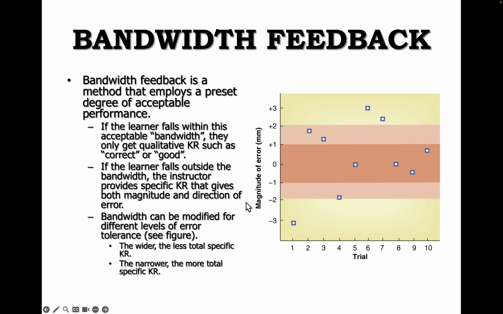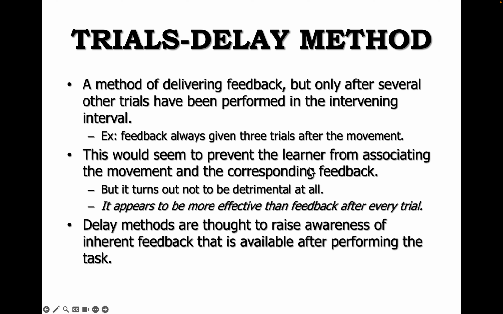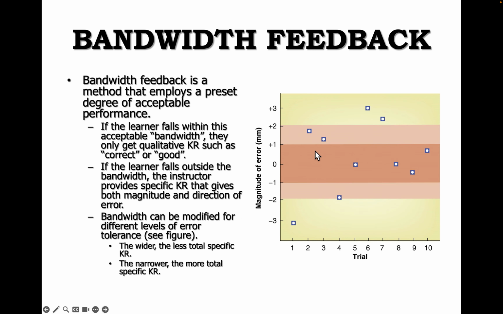So for example here, let's say we had a very narrow bandwidth of feedback. So this very dark band here. These trials that fall within the band will be considered correct, and the feedback given would just be, you did a good job, or that was correct.